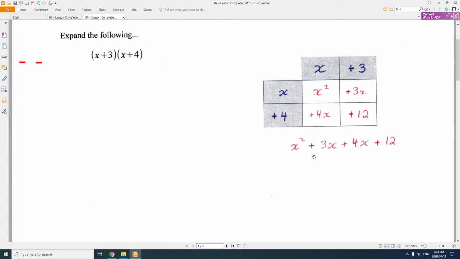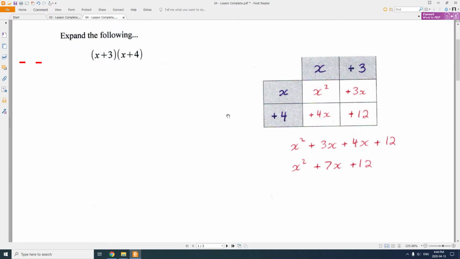I don't know what x is standing for, but I have 3 of them, and then I have another 4 of them. So we could join those together into a 7x instead. So we'll just simplify it by joining like terms, x squared plus 7x plus 12. Okay, and that's it. This equation here is exactly the same as this equation here. It's just this one is in factored form, and this one's in standard form. We've expanded it out.